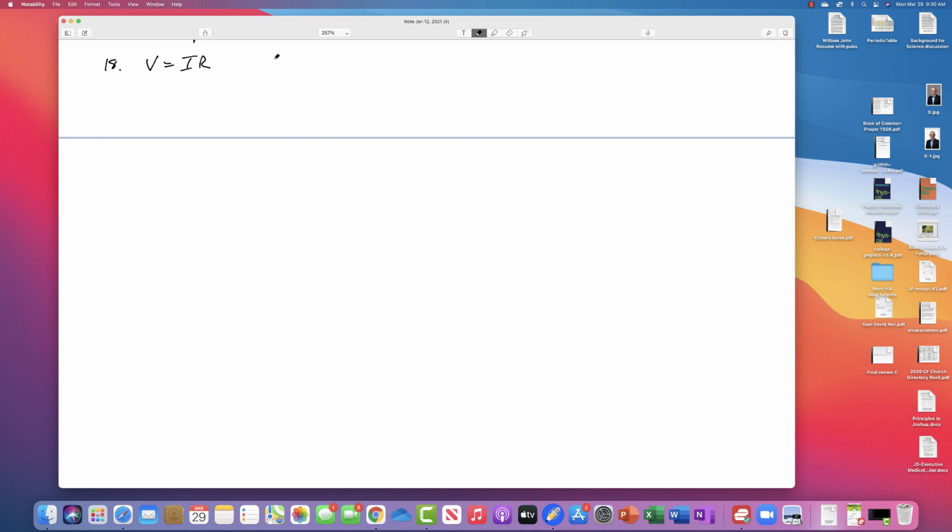So if V equals IR, then I is equal to V over R. So that's a 3-volt flashlight divided by a 3.6 ohm resistor. And so that'll tell you that it's 0.833 amps that flow through that bulb.